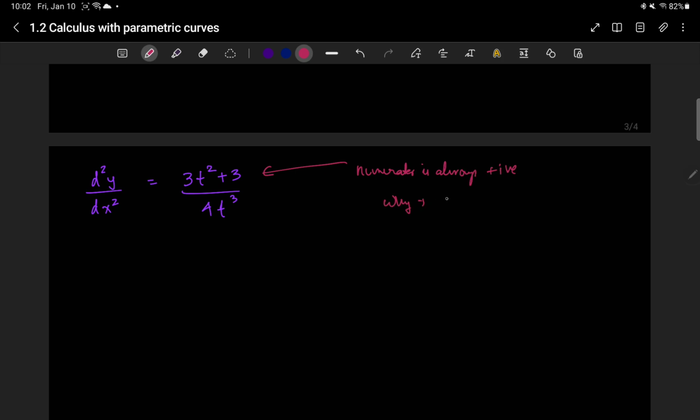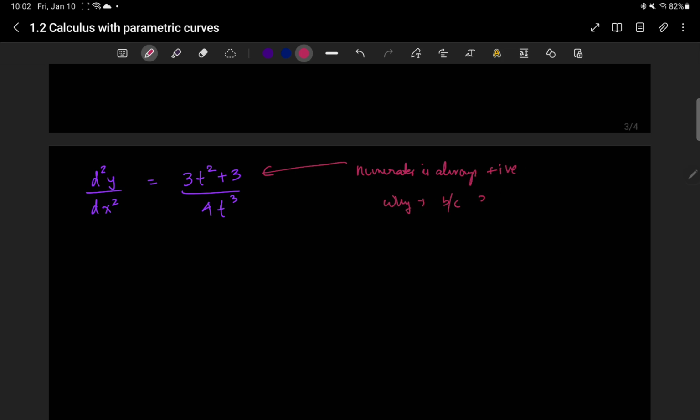Similarly, we can do the same analysis with d squared y over dx squared, the second derivative, which we found was 3t squared plus 3 divided by 4t cubed. Now here, note that the numerator is always positive. Why?